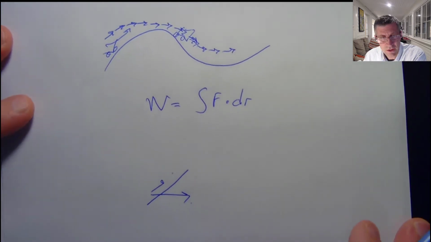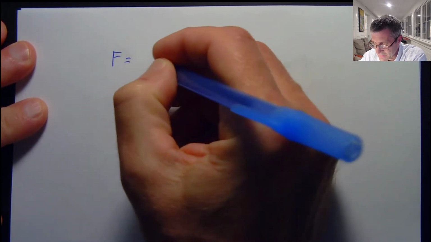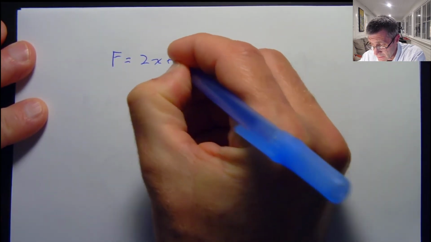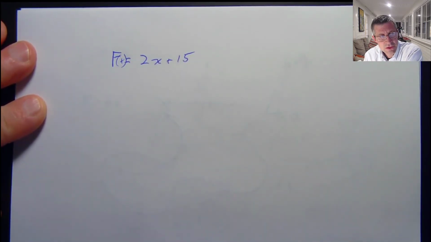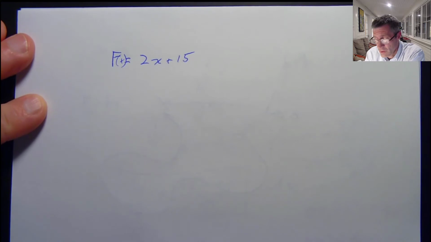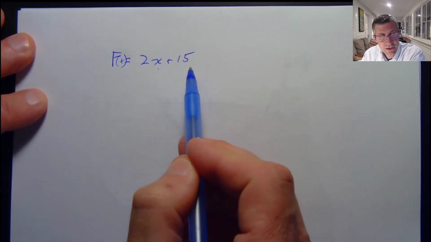So let me go through a little example, and we can see. Suppose that I'm pushing a box, and I want to figure out how much work I put into that box, and the force that I apply is a function of position. So this is the force that I apply at a particular position. When I'm at the 0 position, I'm applying 15 newtons.